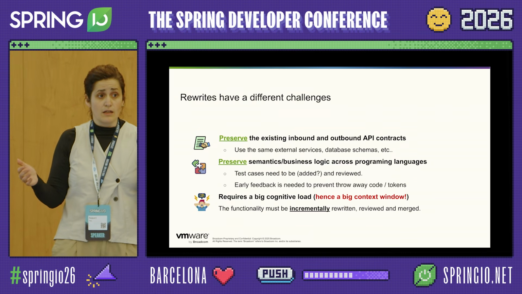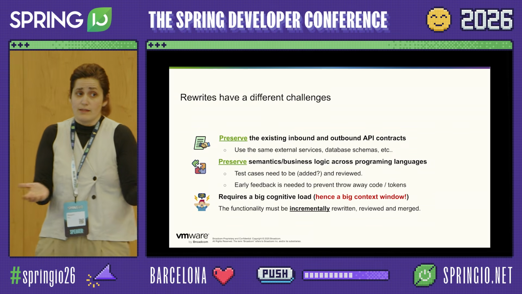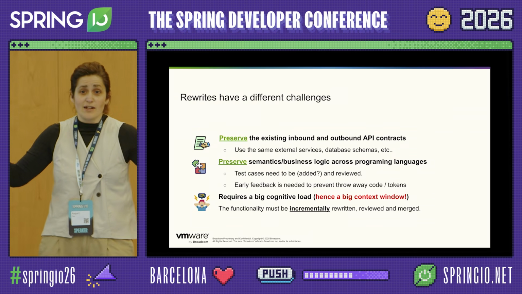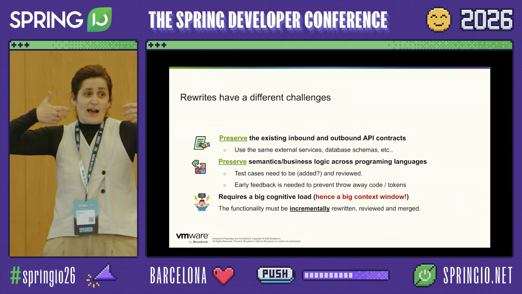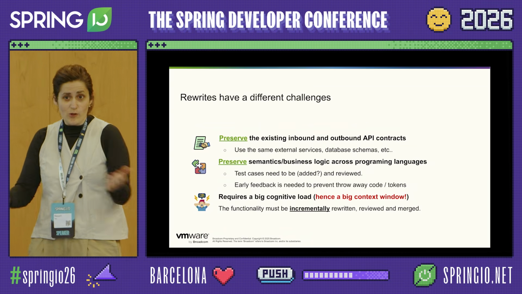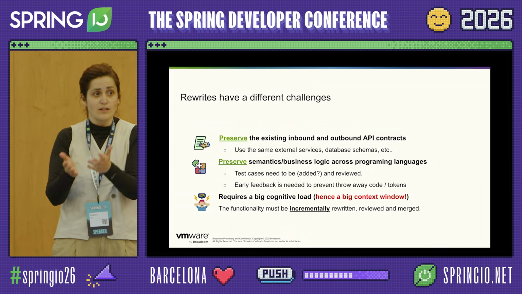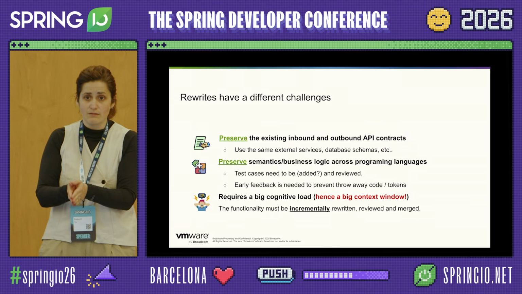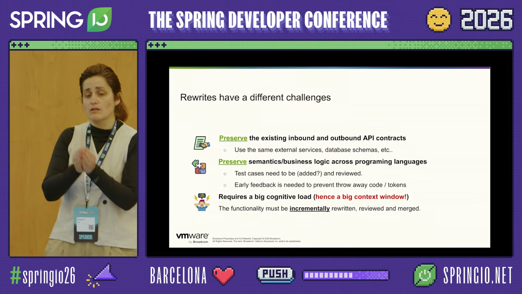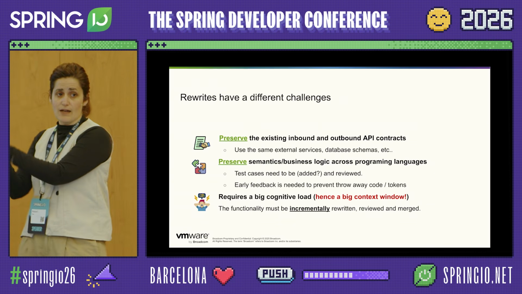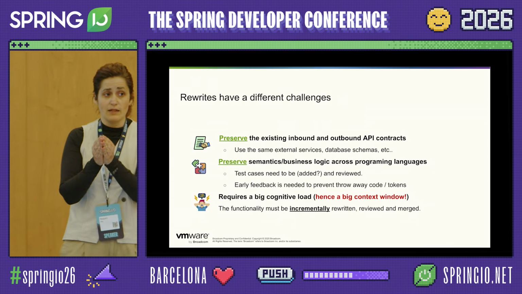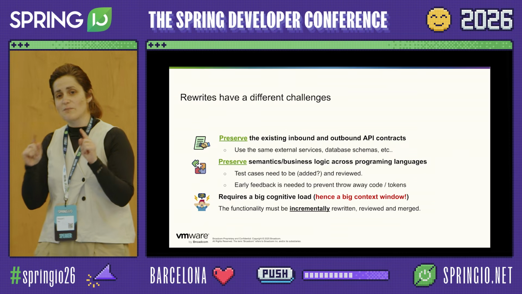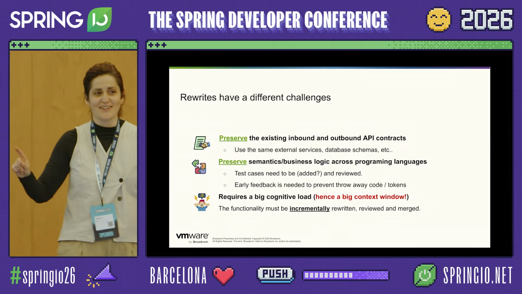And for instance, if that application is using a database, you cannot simply rewrite the application using a completely different schema because the data is there, right? So this kind of requirement needs to be explicitly written so that the application is correctly generated afterwards. And most importantly, usually those legacy apps don't have tests, right?